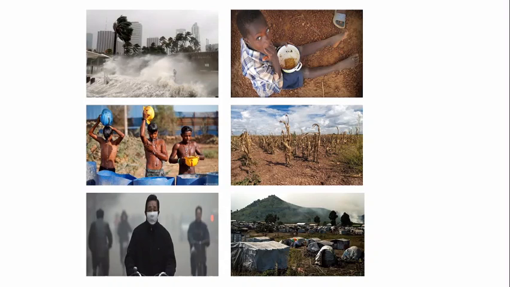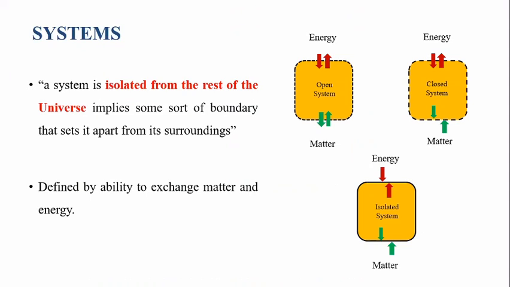So problems related to the Earth are complex, and it is easier to understand the problem by breaking it down into smaller components. That's how the world system came. Okay, so the system is a smaller component, and by making a system together, we can understand about the larger complex system.